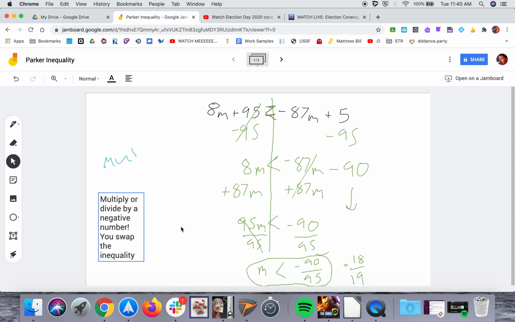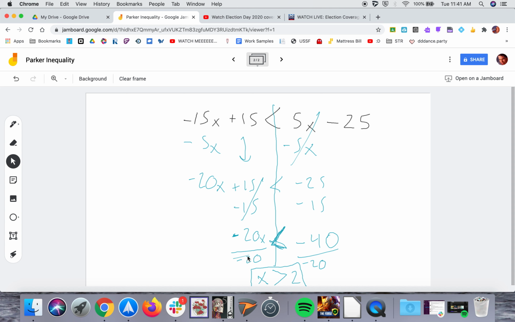Why that works? I don't know. It's one of those things I looked into a long time ago, and then I was like, I'm just gonna remember the rule. Math is kind of dumb like that sometimes. So situations like this, where it's a positive number you're multiplying or dividing, keep it the same. Situations like this, where that final step we had to multiply by a negative number, flip that sign.